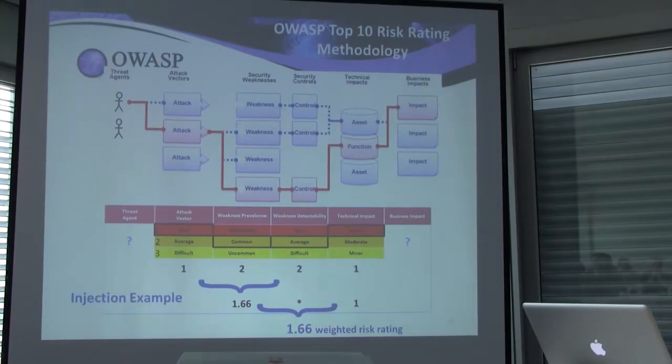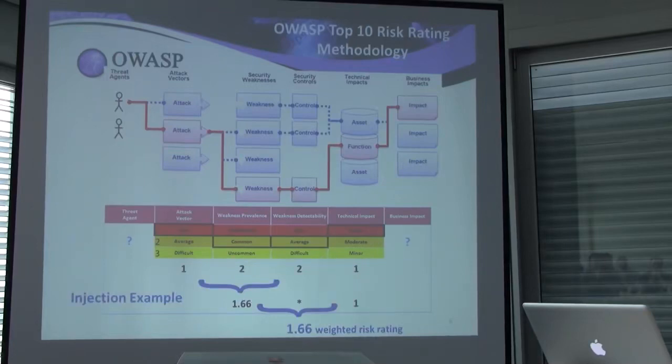That's another weight. You combine those, and you get a score. And the score is actually the lowest number is the highest risk. So if those are all 1s, that would be the easiest, most prevalent, super easy to find and exploit thing that is a devastating attack. We don't have one, but SQL injection, which is number 1, or injection in general, has the lowest score on that rank.